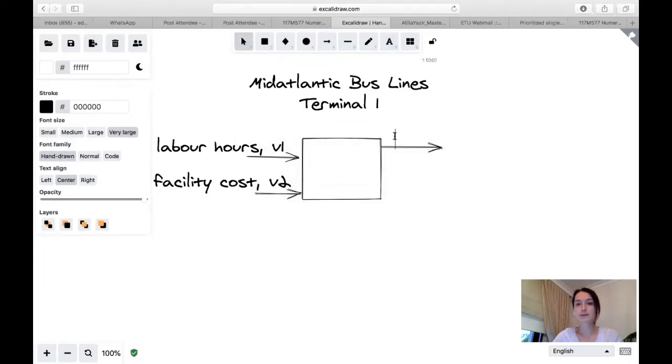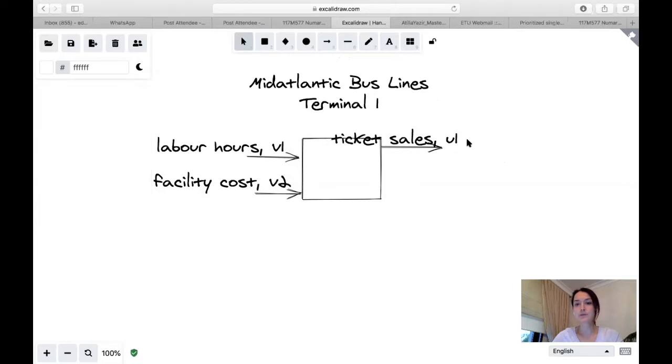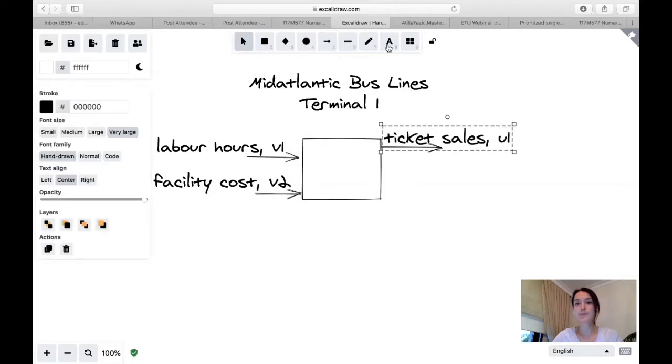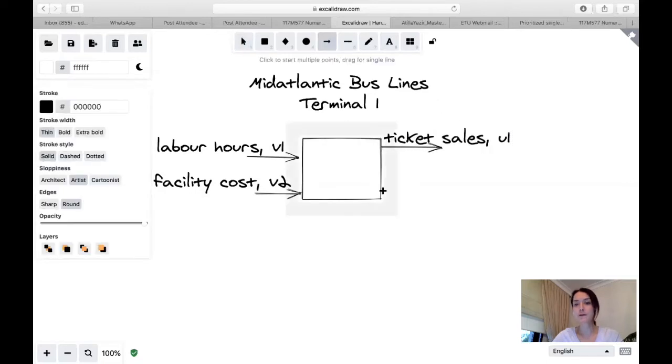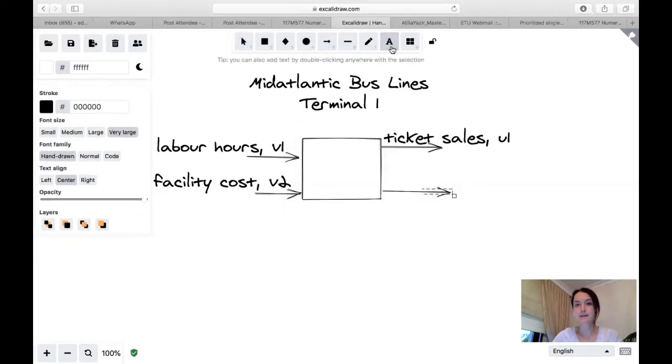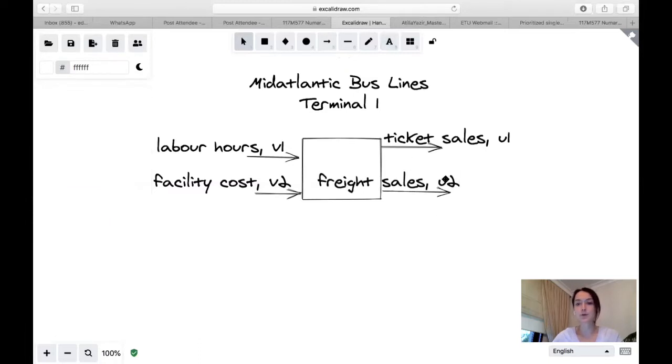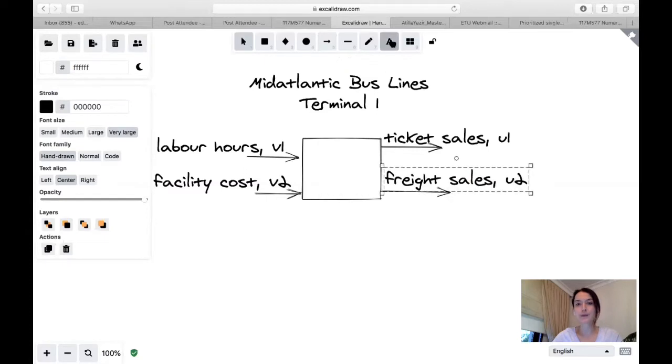One of them is ticket sales, and we will use U1 as the coefficient for this output. And the other output is freight sales, and we will use U2 for this output. This is terminal or depot 1.